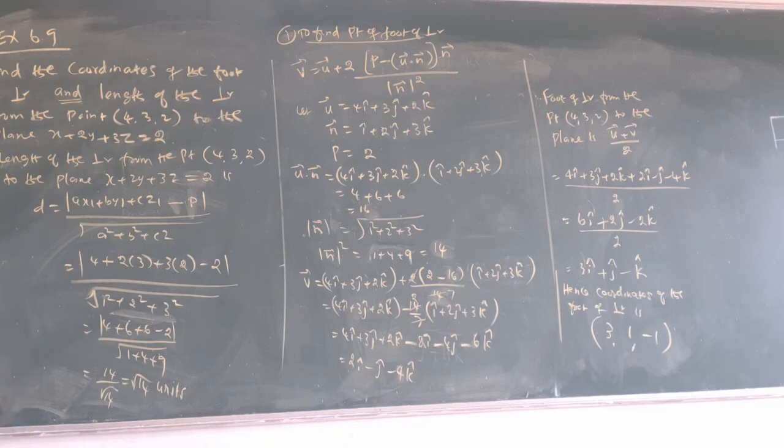The last two problems are somewhat different. What is remaining? Length of the perpendicular from the point to the plane. And also, one more thing. Angle between two straight lines or two planes.